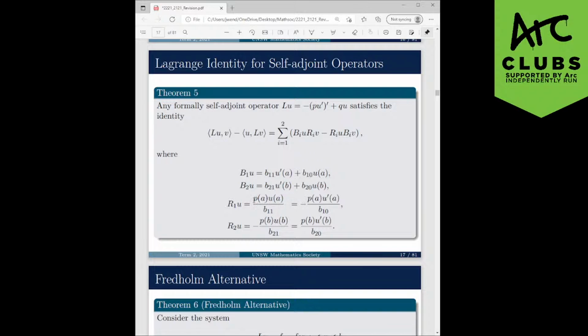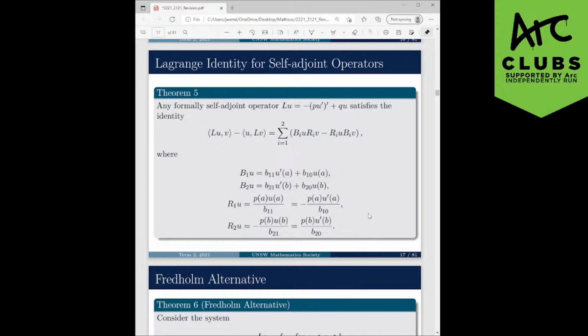You'll notice R1u has two different forms. They're both correct, and which one you use is usually just dependent on what the boundary operator happens to be. Like if your boundary operator happens to make B11 equal to 0, you can't use the first form, otherwise you'll be dividing by 0. And then you just use the second form because B10 will be non-zero.